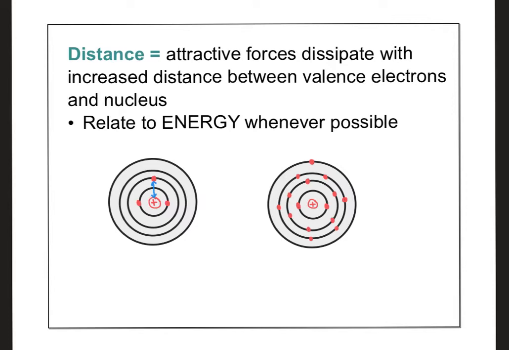Versus I have potassium here, from the outermost electrons to the nucleus. There's clearly more distance here. And so because there's more distance between the outermost electron and the nucleus, there is less electrostatic or Coulombic attraction between the nucleus and the outermost electron. More electrostatic attraction here because the electron is closer.